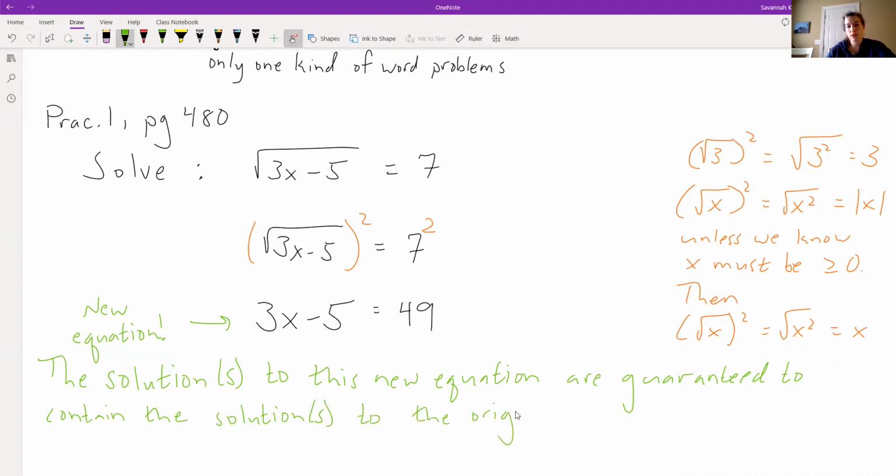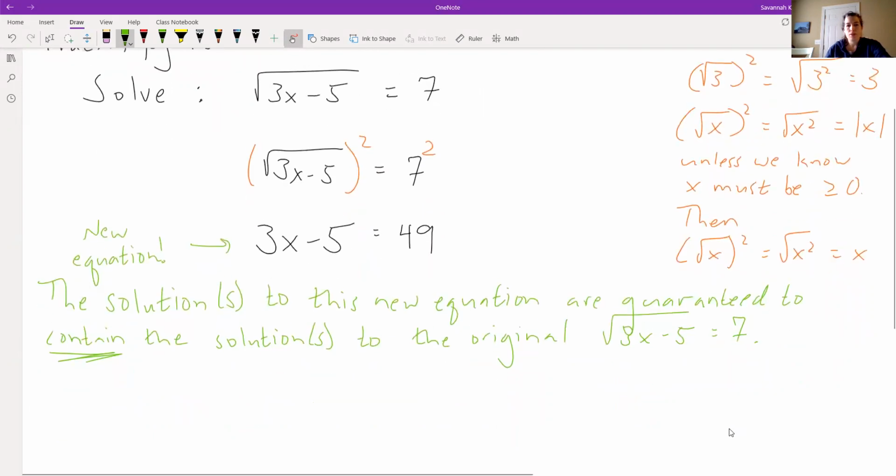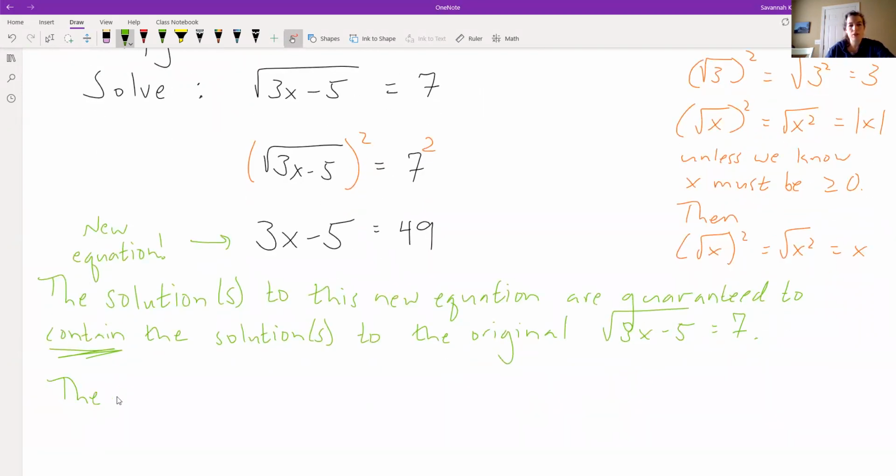So what we're actually trying to solve here is still the one with the root in it. But the only way we could get at those solutions was to get rid of the root. So that now we can activate all these rules we know about solving equations. Now, contain. What this means is the new equation, because it's up a level, the x is not really the square root of x anymore, it's x itself.